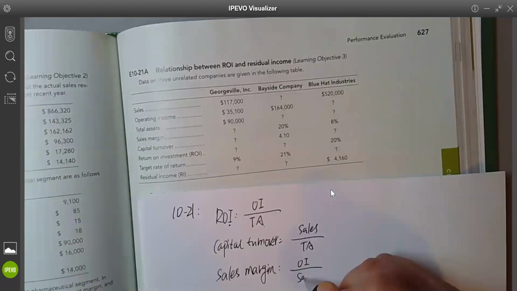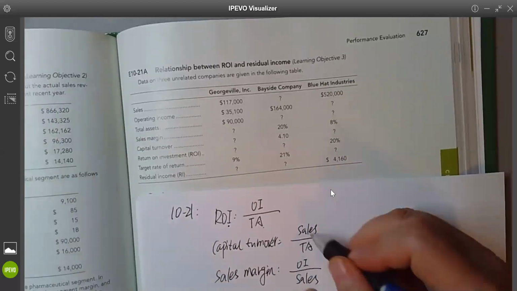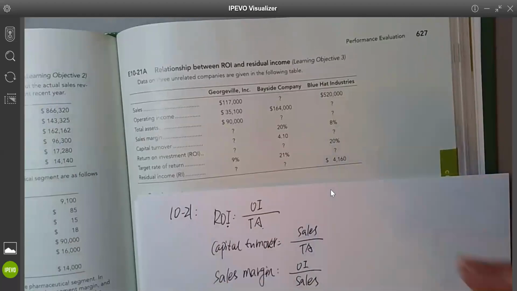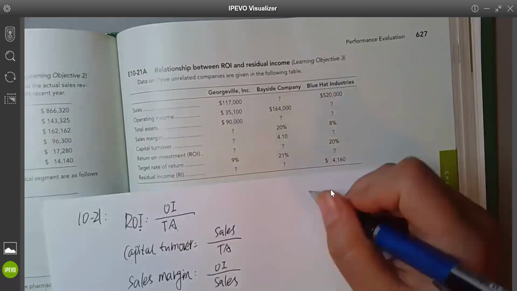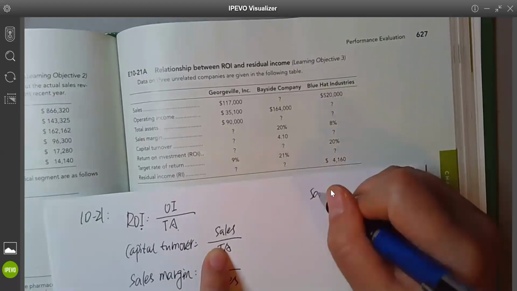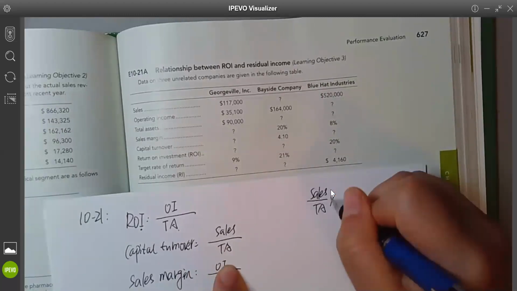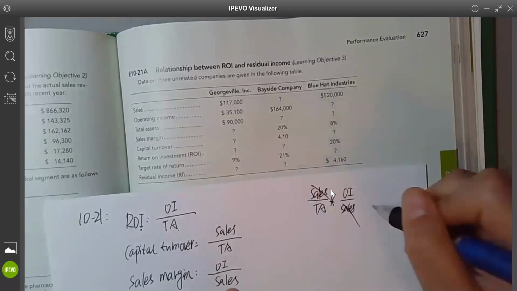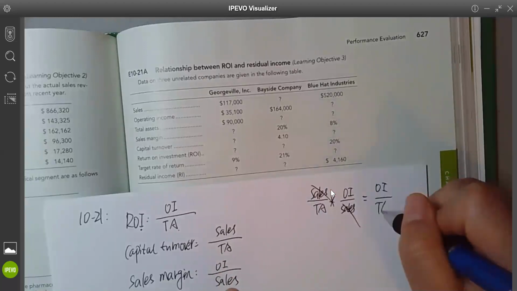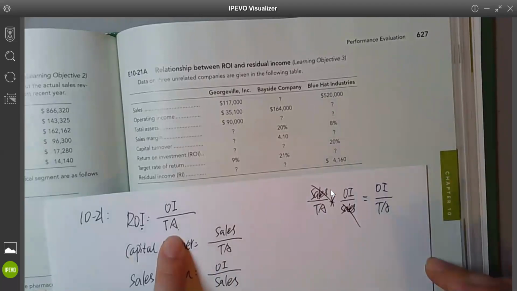So your sales cancel each other. Operating income divided by total assets gives you ROI. You know what I'm talking about, right? So capital turnover, sales divided by total assets, times operating income divided by sales. You cancel each other. Operating income divided by total assets, which is ROI.